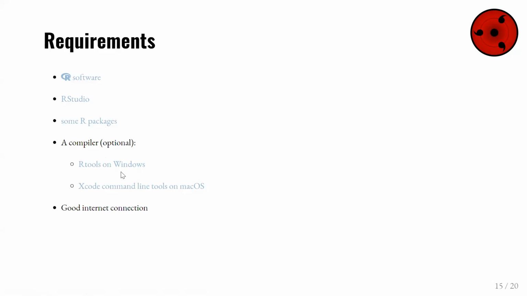Or some of those packages out there that are not on the R repository that we call CRAN, and you still want to use some of these packages. So you need a compiler to be able to do that for you. So RTools is what you use on Windows, and this Xcode command line tool is what you use for Mac operating system.